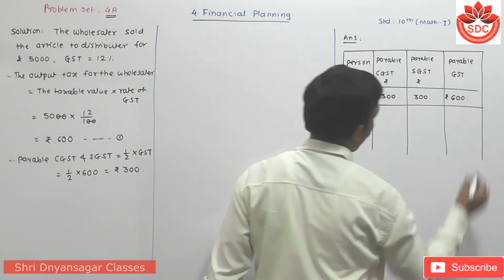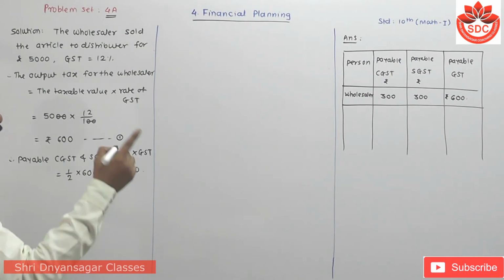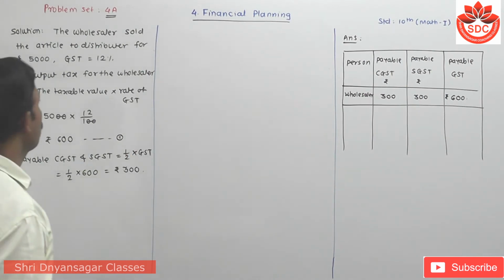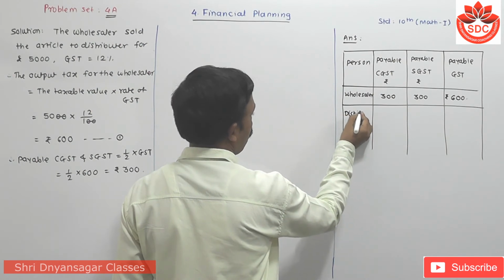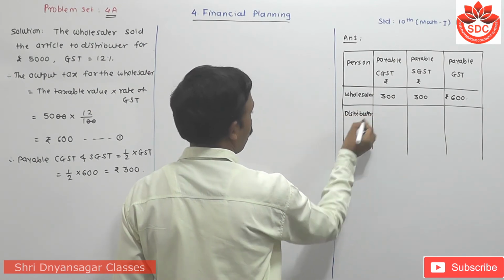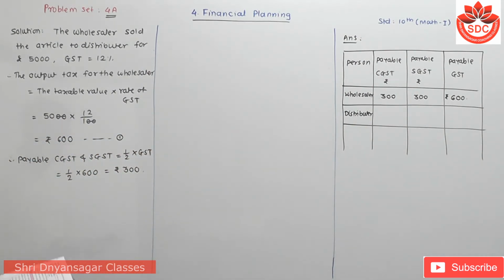This is for the wholesaler. Then the wholesaler distributes this to the distributor. So the second point is the distributor. For this distributor we have to find the payable CGST and SGST.